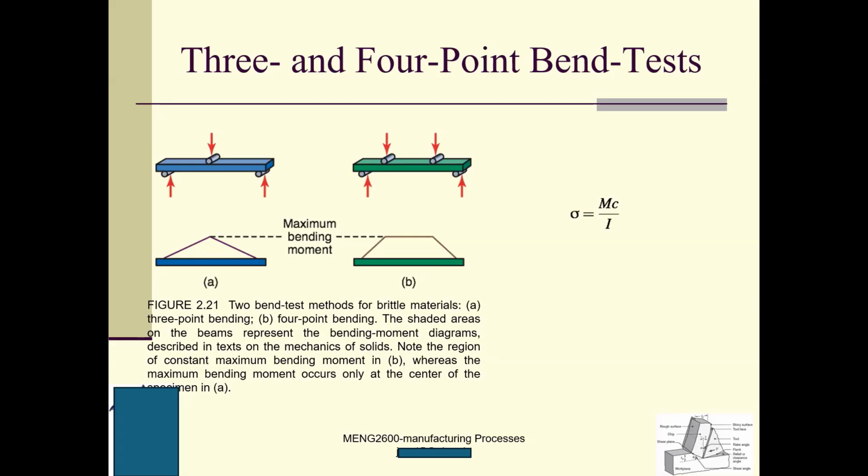Contracting and elongating, but in the middle there must be a layer on which the fibers do not contract and do not elongate. That means the length of the fibers on that layer remains the same. That layer is called the neutral axis. Right?